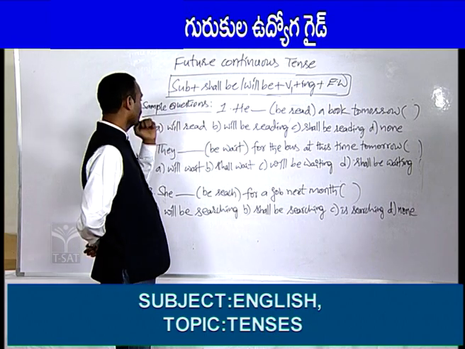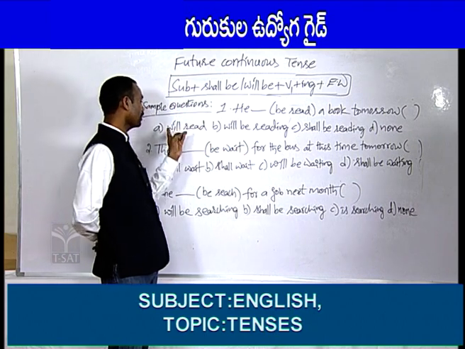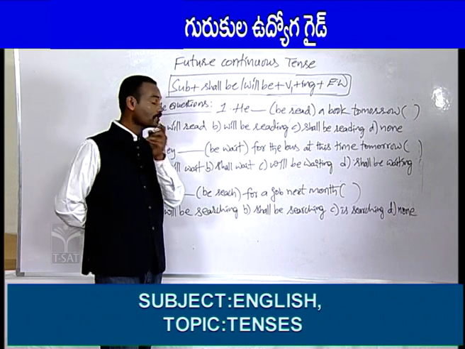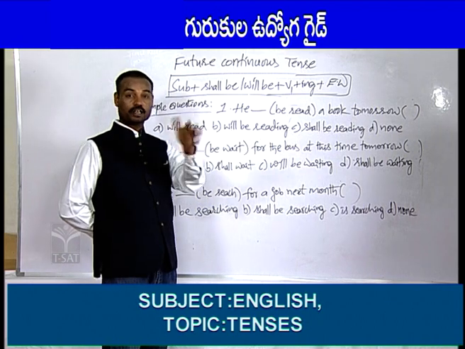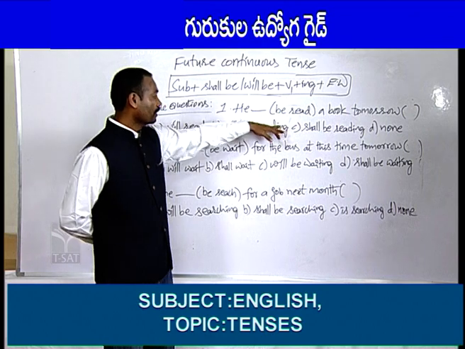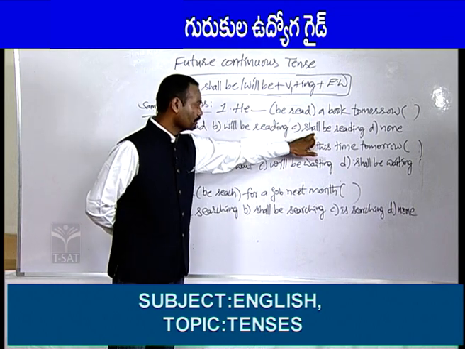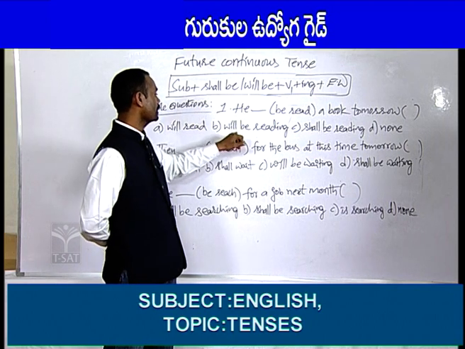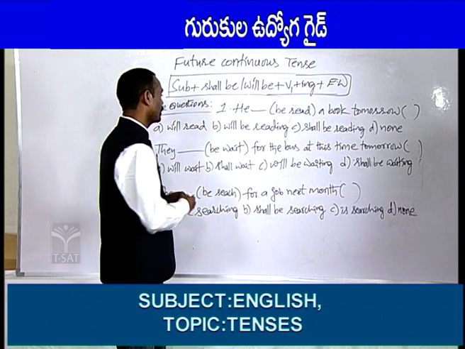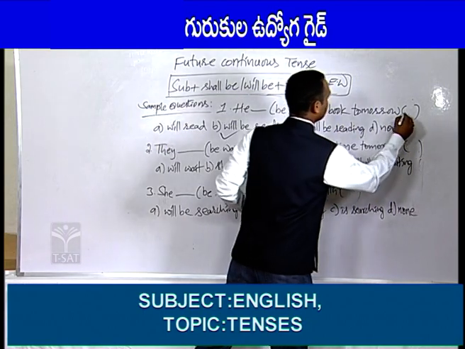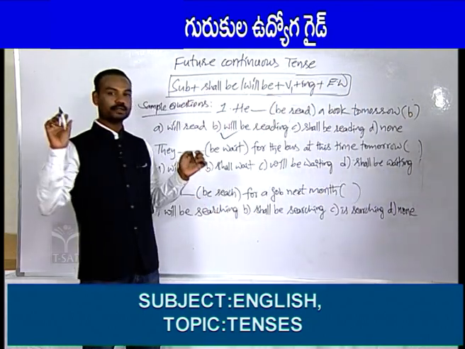Where is will be reading? The options are option A, will read, wrong answer. Will be reading, yes, this is the right answer. We don't need to observe other options, right? For example, I and we, that is the answer. So subject is he, will be reading is the answer. So answer is B.